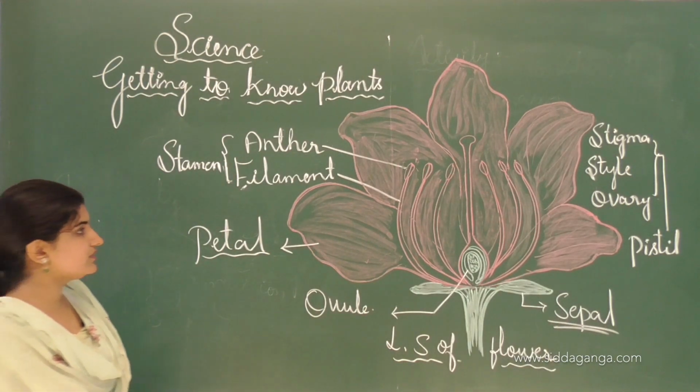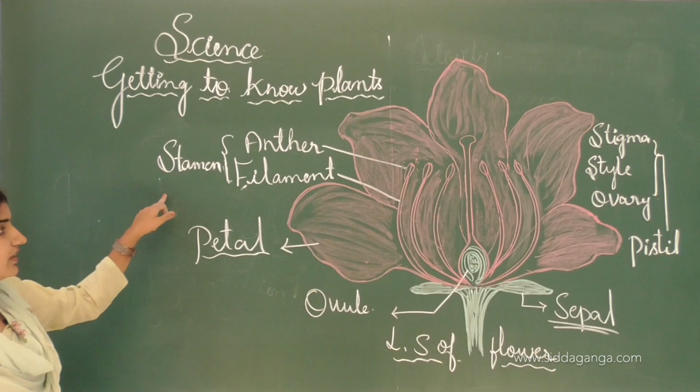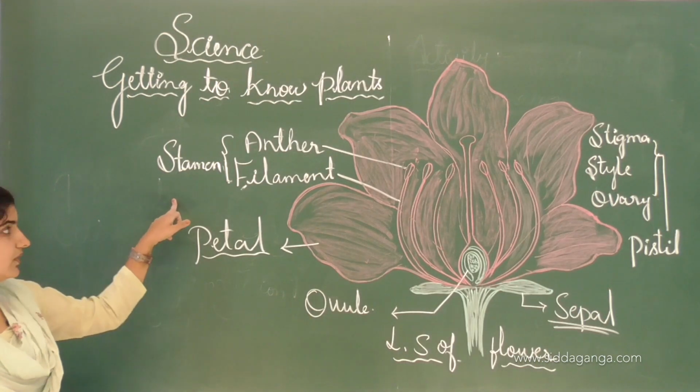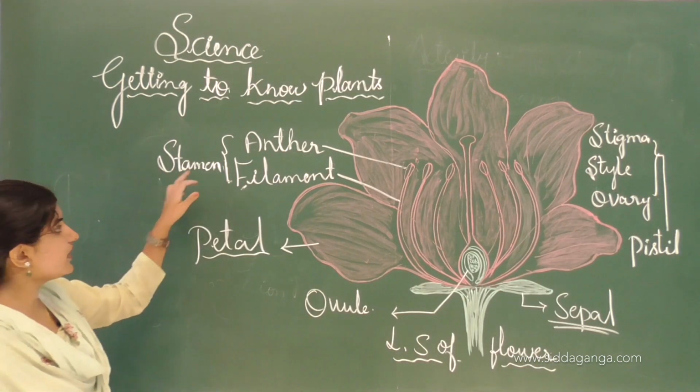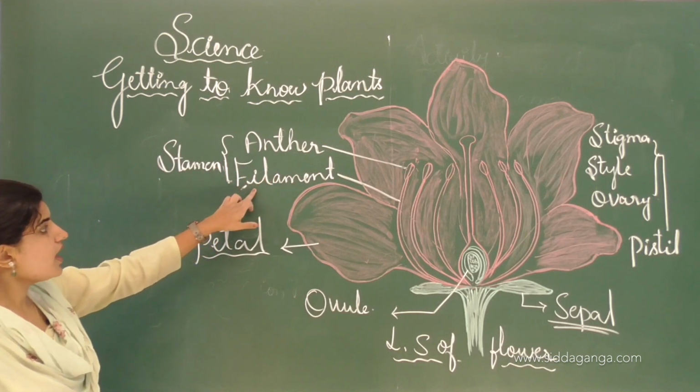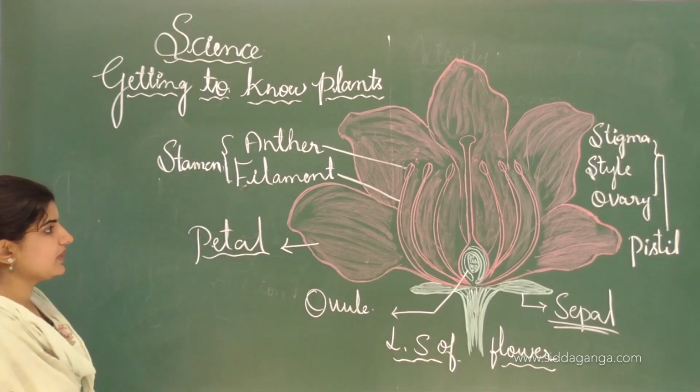And the next one is the stamen. It is a reproductive part of a flower. The stamen is divided into two parts: one is the anther and another one is the filament.